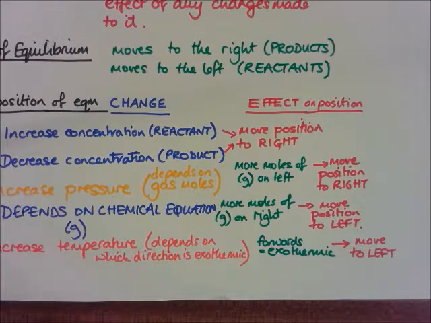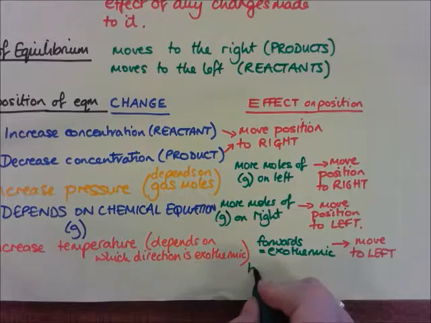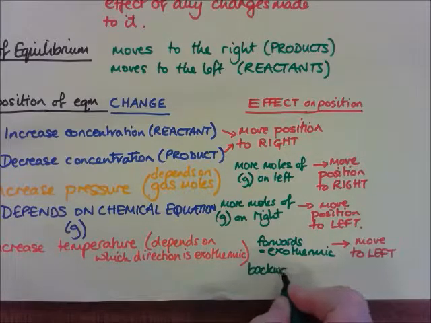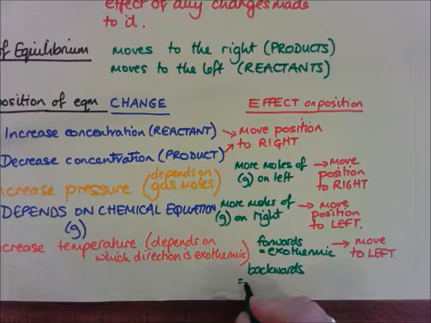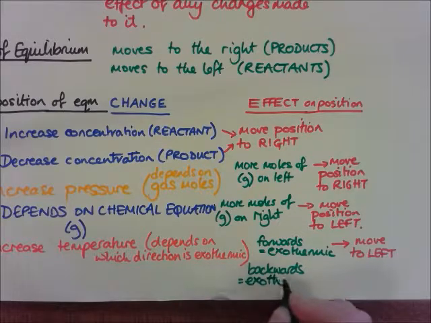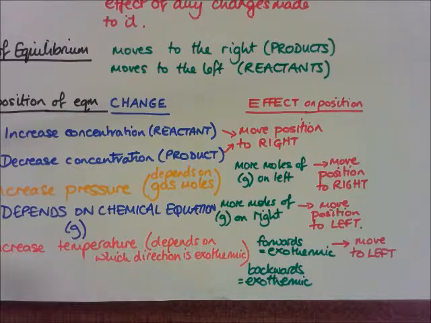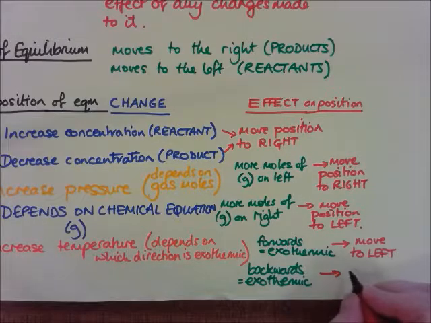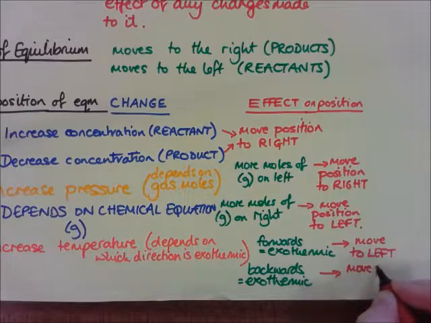If then the backwards reaction is exothermic, now making reactants gives you more heat energy. That means making products gives you less heat energy. So the position moves to the right.